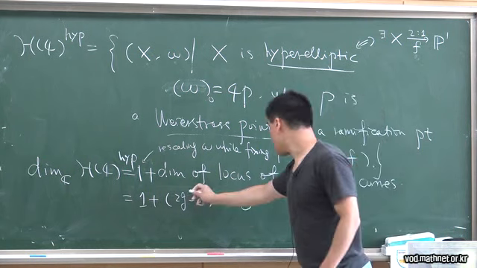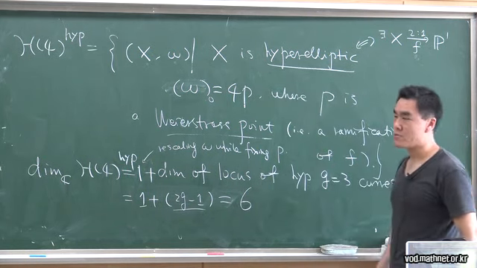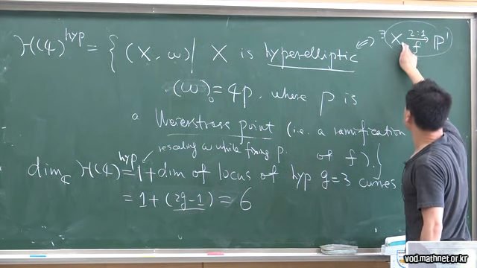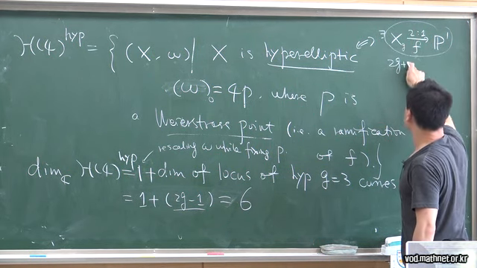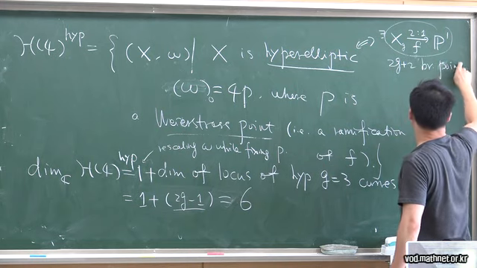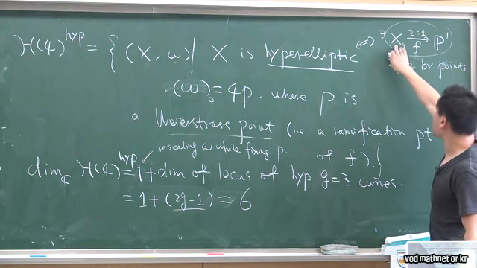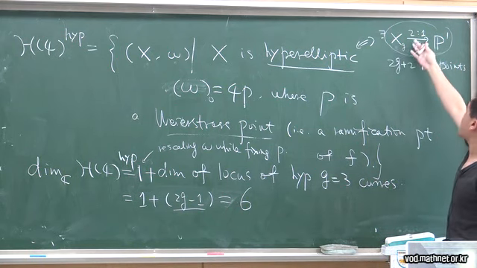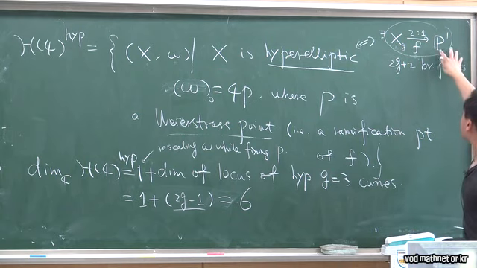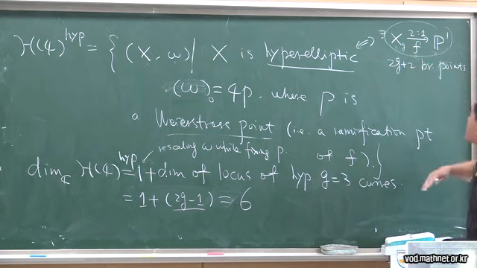By the way, how do you know the locus of hyperelliptic curves of genus G has dimension 2G minus 1? I told you, this branched cover, if this is genus G, will have 2G plus 2 branch points. This is by Riemann-Hurwitz: I have a genus G cover of P1, which is genus 0, of degree 2, so you get 2G plus 2 simple branch points. Conversely, you can show that once I choose 2G plus 2 branch points in P1, that uniquely determines such a double cover up to isomorphism.